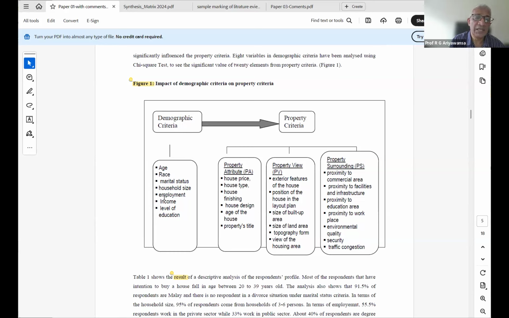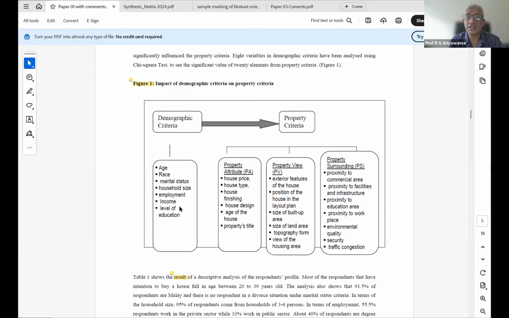Age, race, marital status, these are the set of demographic criteria they have selected. They have selected based on their rationale, right? Based on literature, based on similar research, they have certain arguments. So you can go through the article and learn how they have rationalized selecting these variables.